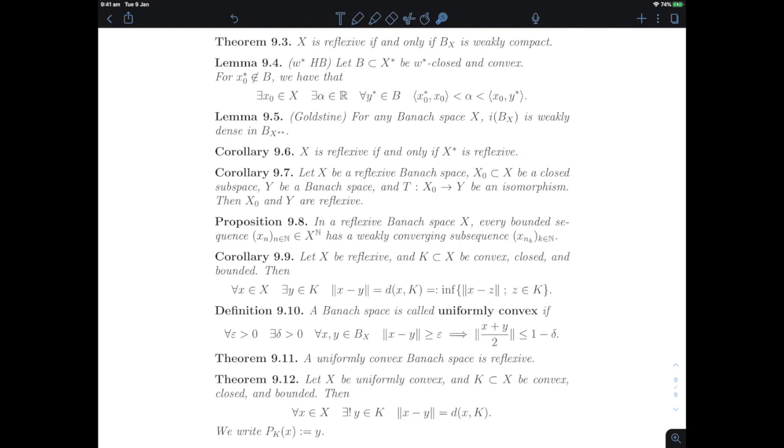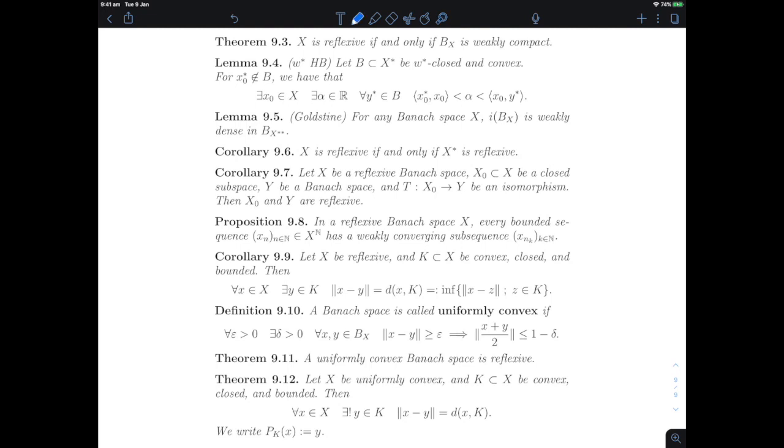If you have two points on that unit ball and they're not too close to each other, then their midpoint, the point in the straight line between x and y, right in the middle, has to be a fair way away from the unit sphere.